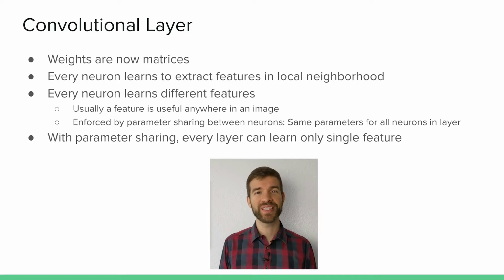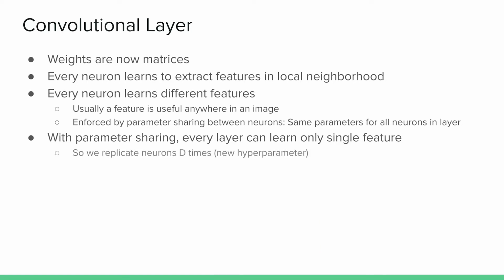So what we do, instead of just having many more layers, is replicate this. We replicate the neurons d times, which is a new hyperparameter that we have to tune and change. We replicate each layer d times, and each depth slice is called a feature map, which again learns one feature.